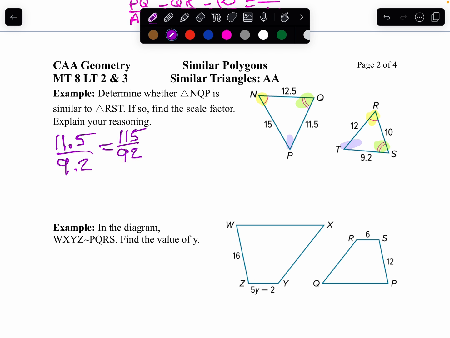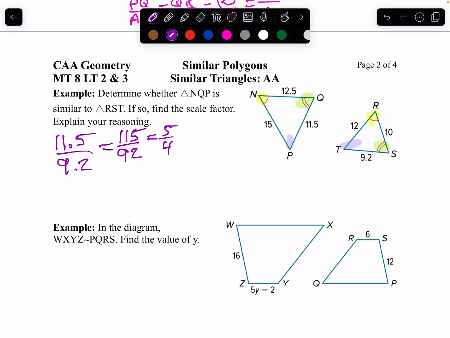Now, does that reduce? Well, yes, it does. And I've got to think what goes into it. And that reduces to 5/4, because 23 goes into both of them.